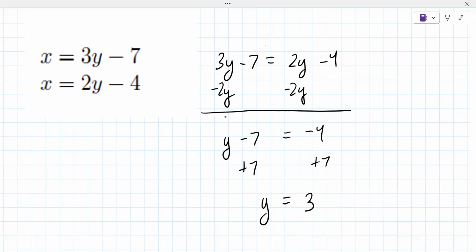Okay, so now very important, now that we've got one of the variables, let's go back. It doesn't matter which equation you use, but give it a try there.